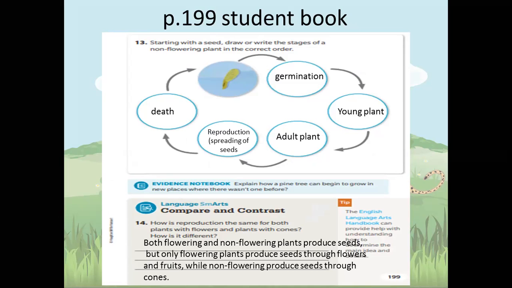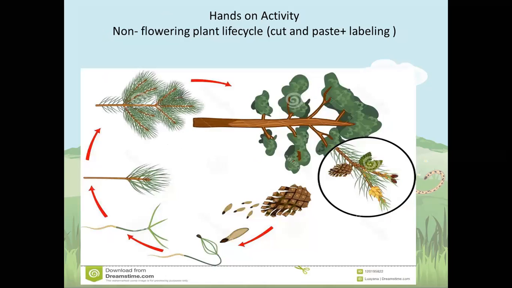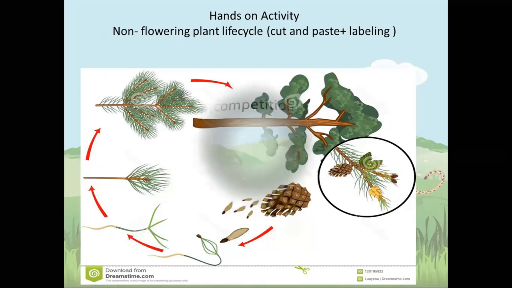Both of them reproduce through their seeds, but the non-flowering plant produces seeds from the cone, while the flowering plant produces them from its flower or fruits. Here you have this paper, you can cut it and paste it in order to make the life cycle of the non-flowering plant.